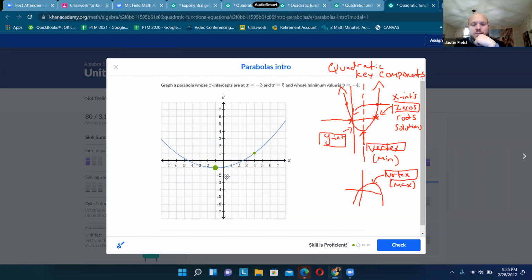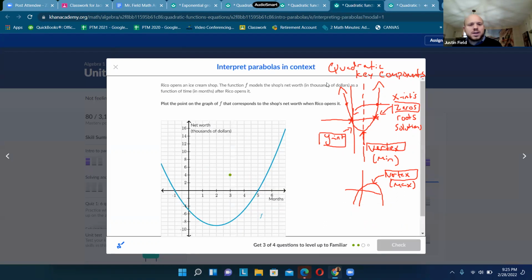Then we got to make this our minimum, and then we want to have 5 and -3. So if I just move it right here, then I have 5, -3, and it works out. So have some fun with that one. Play around with the parabolas.